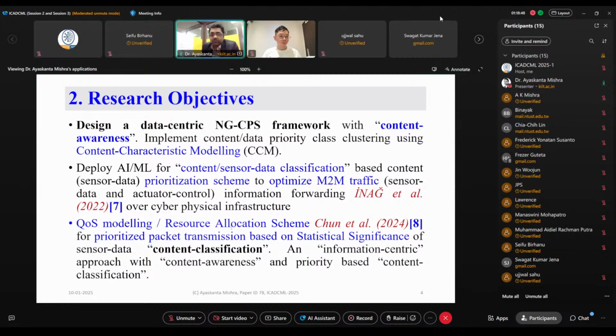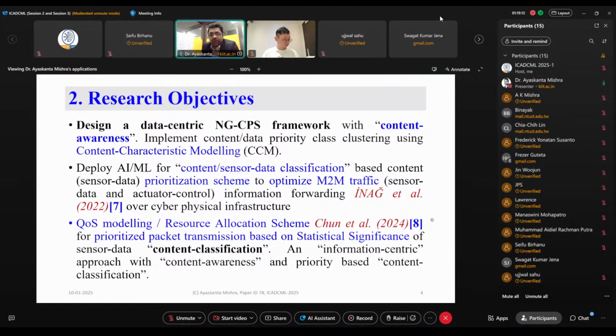Deployment of artificial intelligence or machine learning techniques for content or sensor data classification based prioritization schemes to optimize the M2M traffic as proposed, and QoS modeling and a resource allocation scheme for prioritized packet transmission based on the statistical significance of the sensor data or content classification.